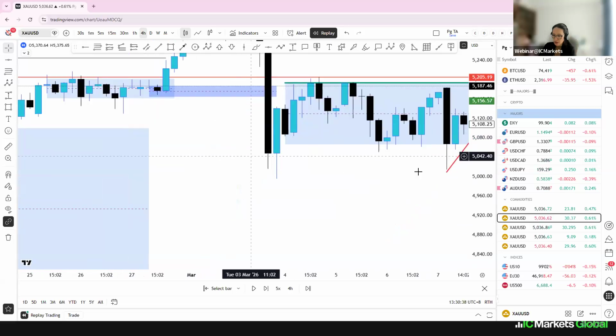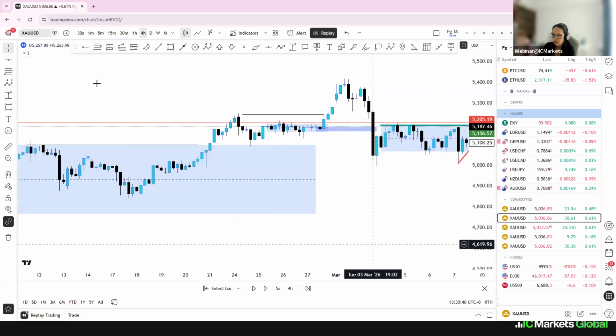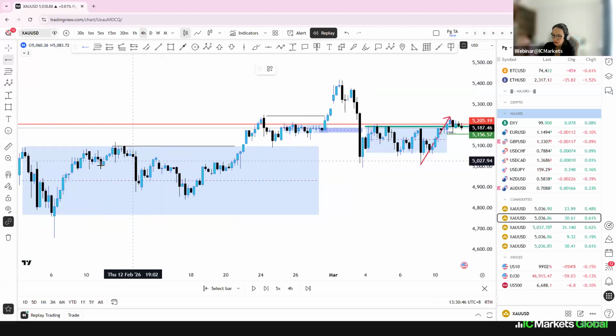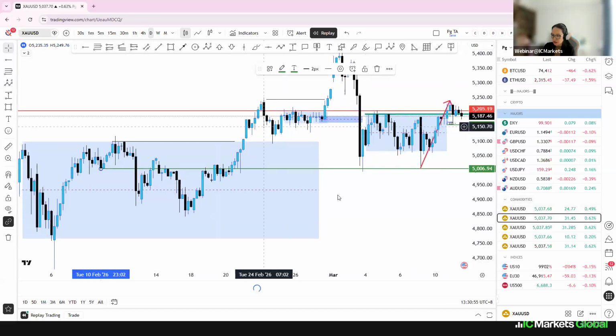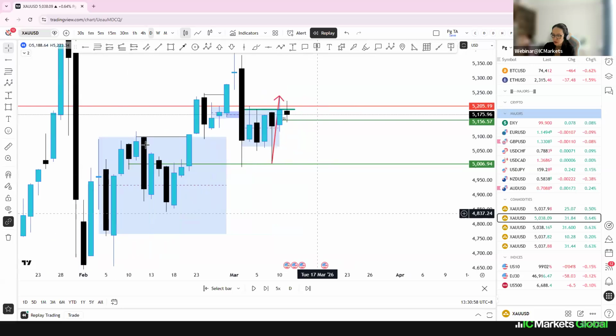Break all the way down to come to this level, the overlap support level here. We go to the daily time frame, which goes to somewhere around here.